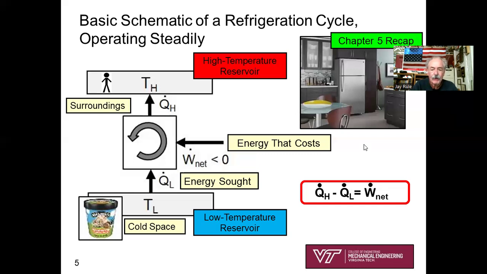Without even writing down a formula, you say, oh yeah, that's right. The energy sought is Q dot L as shown on the sketch, and the energy that costs is W dot net. And another thing I hope you remember by looking at the direction of the arrows: you can observe the first law of thermodynamics for any system operating in a cycle, Q dot H minus Q dot L equals W dot net.